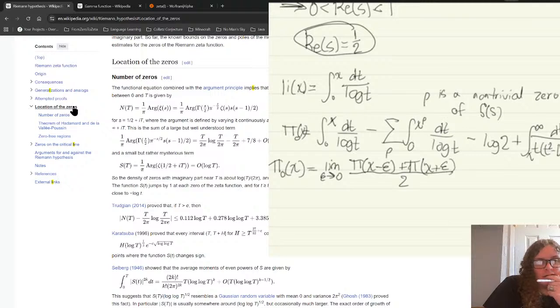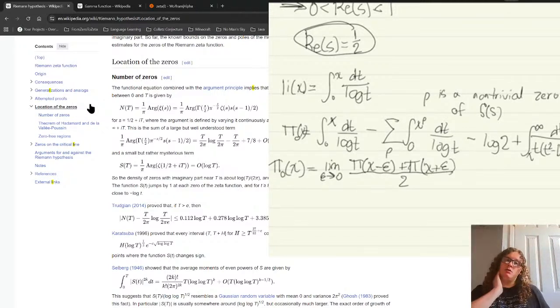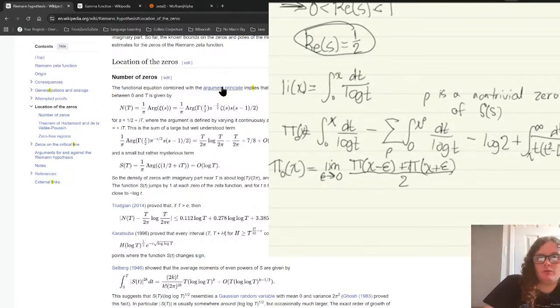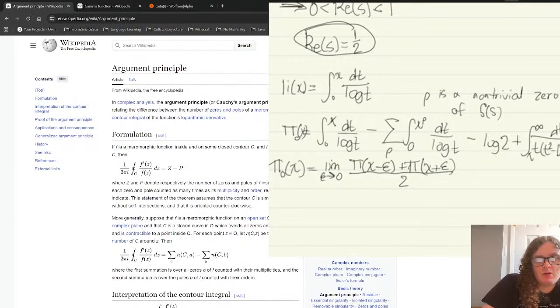All right, let's go down to here. What is the argument principle? It's a theorem in complex analysis. The argument principle is a theorem relating the difference between the number of zeros and poles of a meromorphic function.